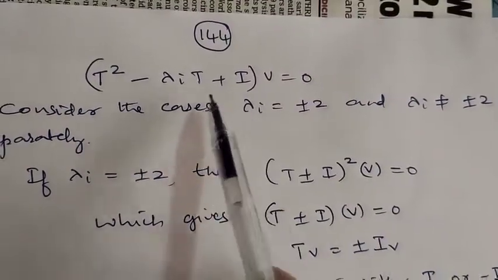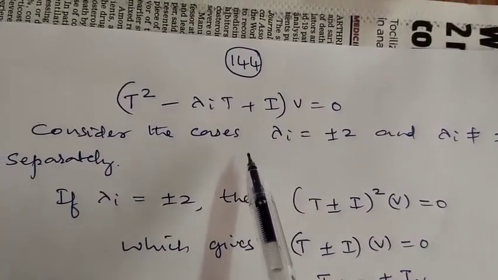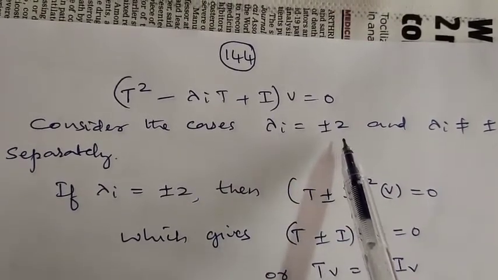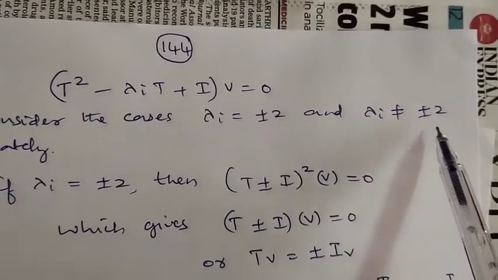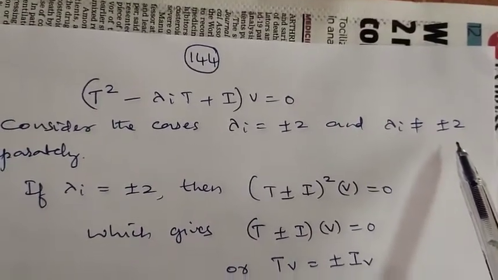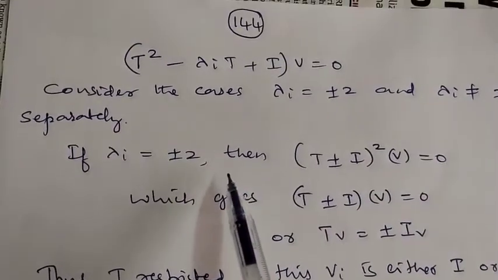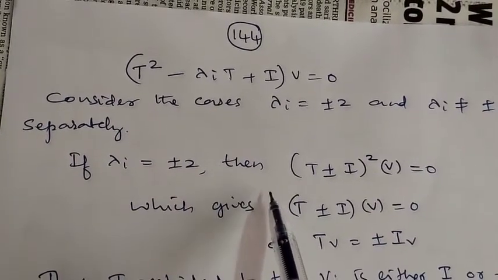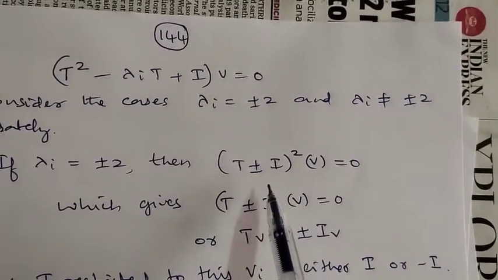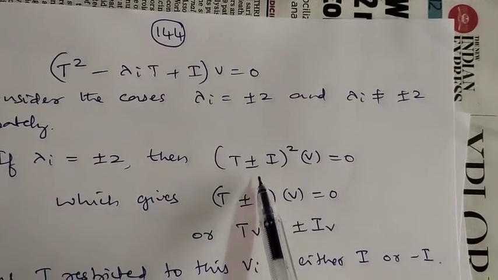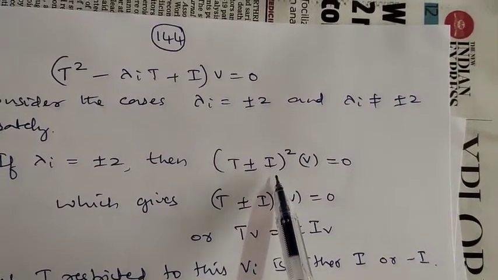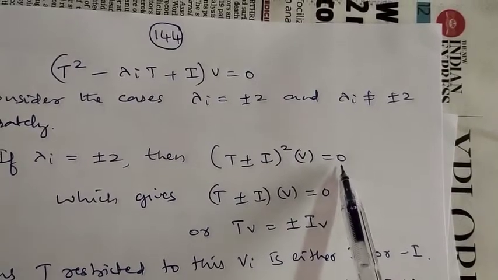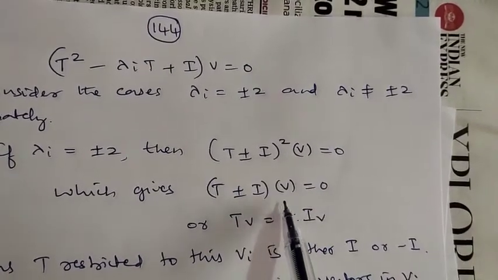Now if you solve this, consider the two cases: lambda is equal to plus or minus 2, and lambda is not equal to plus or minus 2, separately. If lambda is equal to plus or minus 2, then what will happen? It means (T plus or minus I) whole square of V is equal to 0.